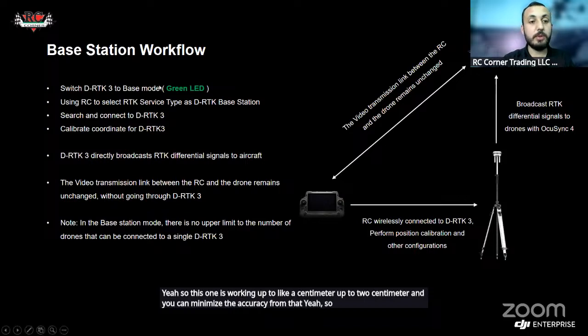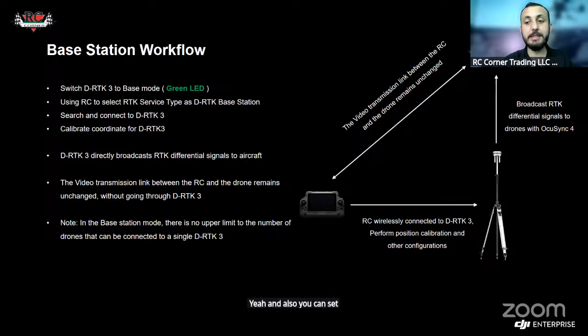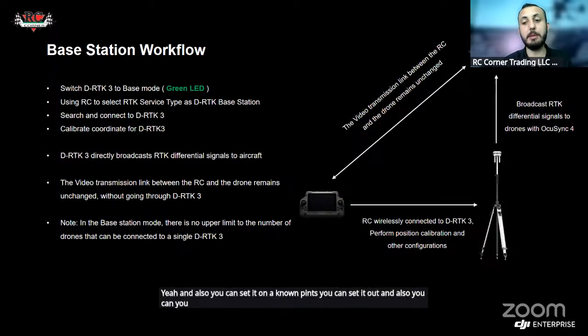Switching the modes, you switch to green mode to switch it into the base station mode. Yeah, and also you can set it on a known point, and also you can set it as a base station and connect it from network sources.